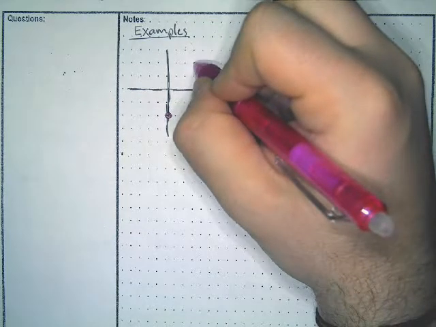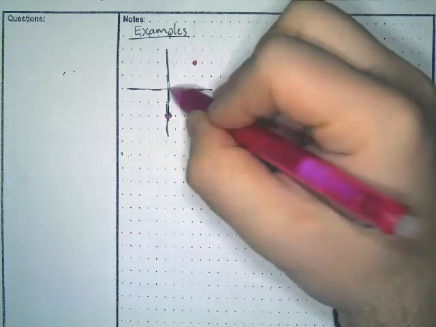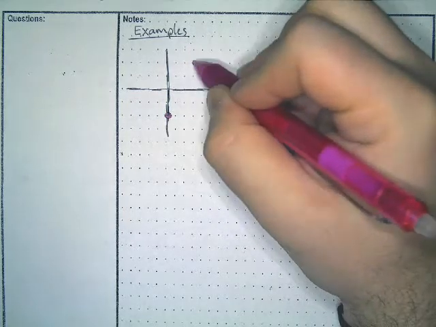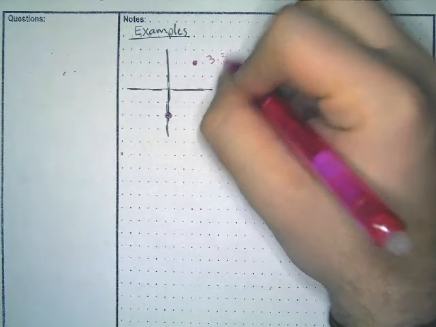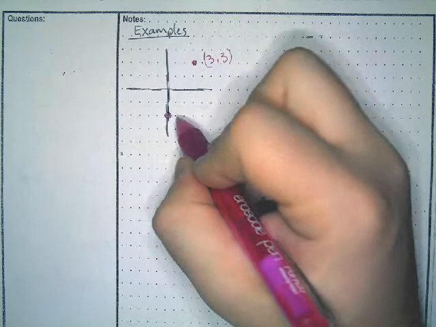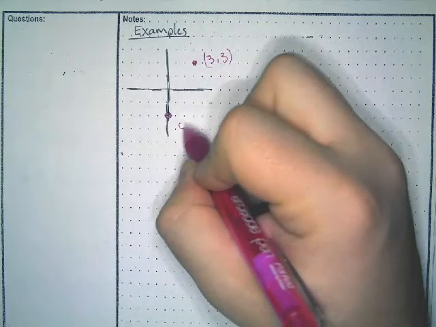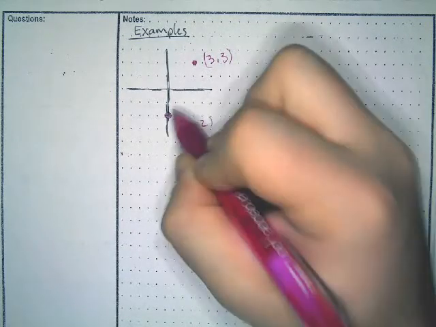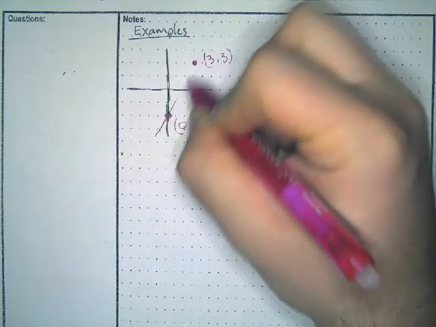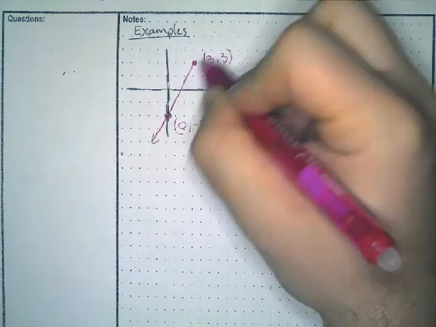And let's cross right here at this point. So it's 1, 2, 3. And this point was 0, -2. And we'll draw our line. Okay.